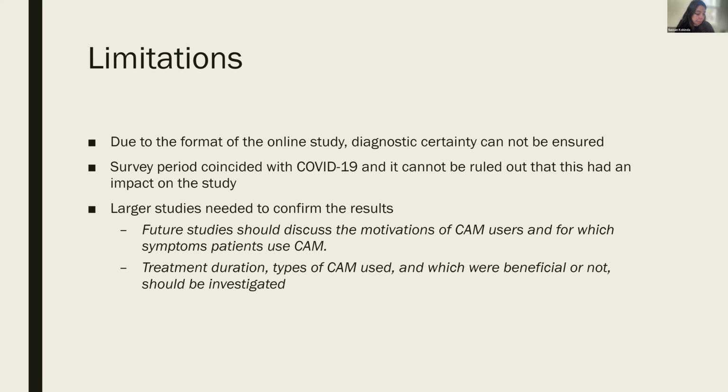So some of the limitations of the study: it was an online format, and diagnostic certainty could not be ensured, but they did do cross-checking to try to mitigate whether this was a patient who truly had narcolepsy or not.